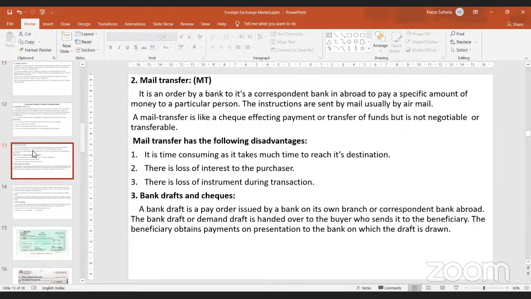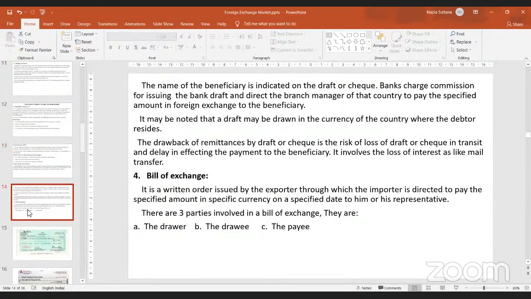So my bank will draft a check, and then they will try to transfer the money through a mail transfer. This is one of the old methods which we currently don't use, because our online payment mechanisms have become so strong that most of the transfers are being done online only, but mail transfers are very rare now. You hardly use that. Then banks also transfer through their drafts and checks into the beneficiary's account. So drafts and checks are also being used.